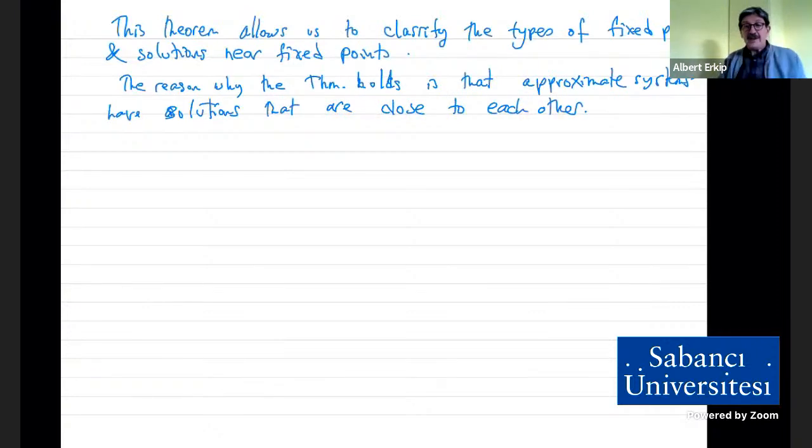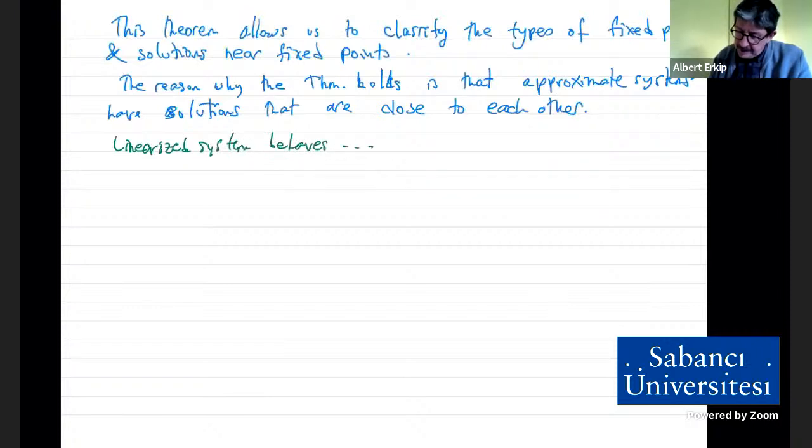So if the linear system behaves in a certain way, the nonlinear system will behave similarly. So the linear system behaves in a certain way, and then this says that the nonlinear system behaves similarly.